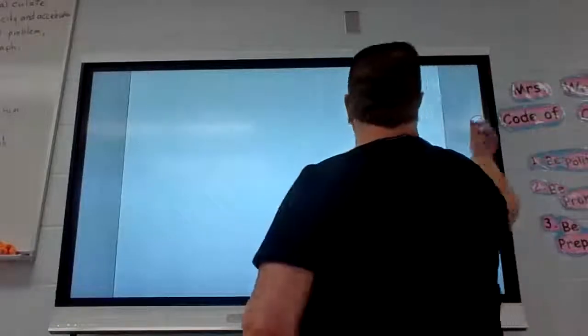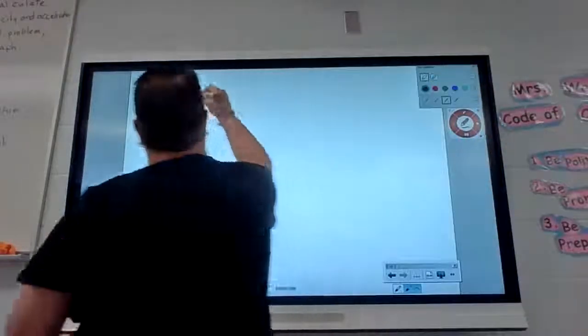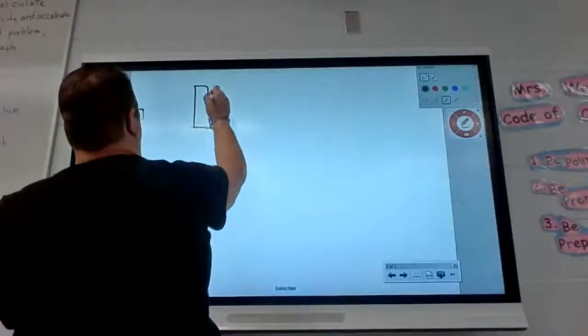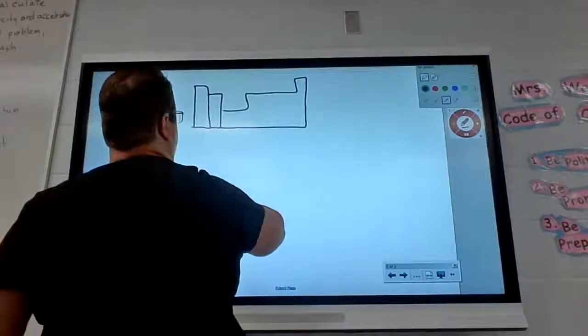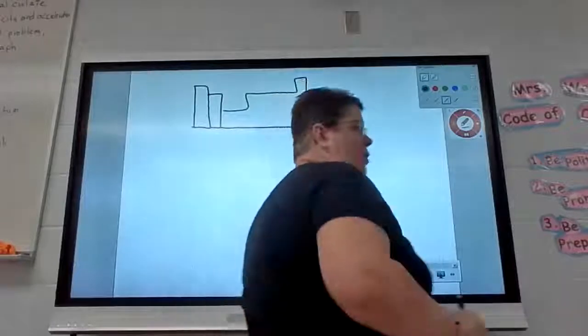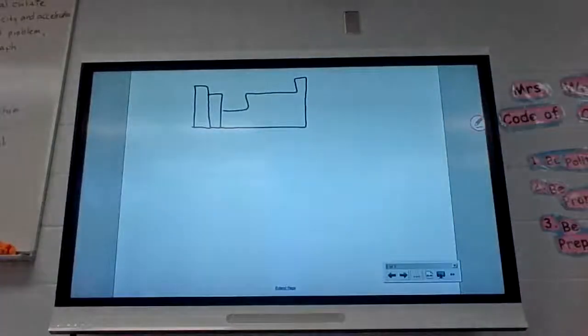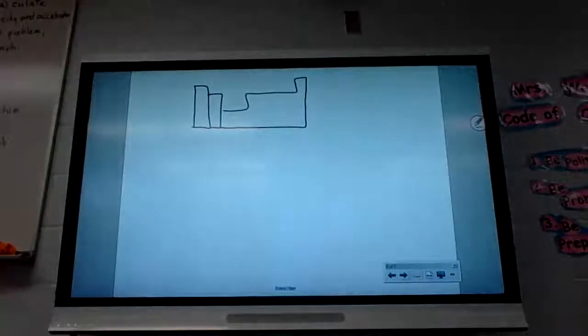All right, so let's say for a moment that this is a periodic table. What determines where metals and nonmetals are at? What basically determines where the metals and nonmetals are at? Come on, Zaya.